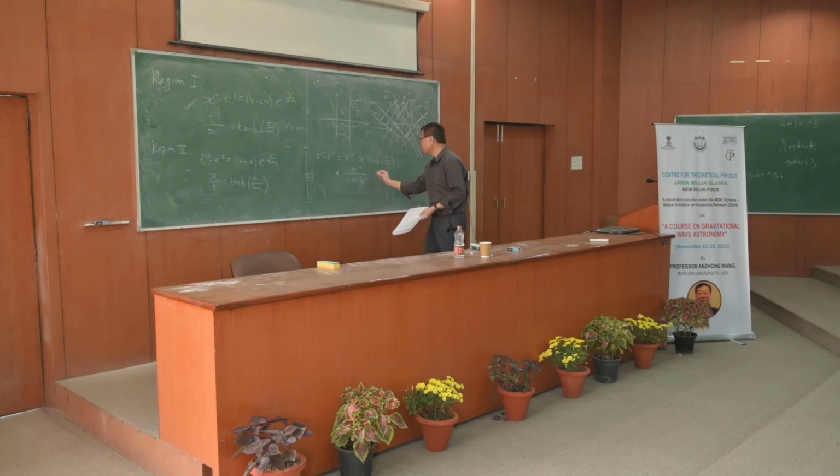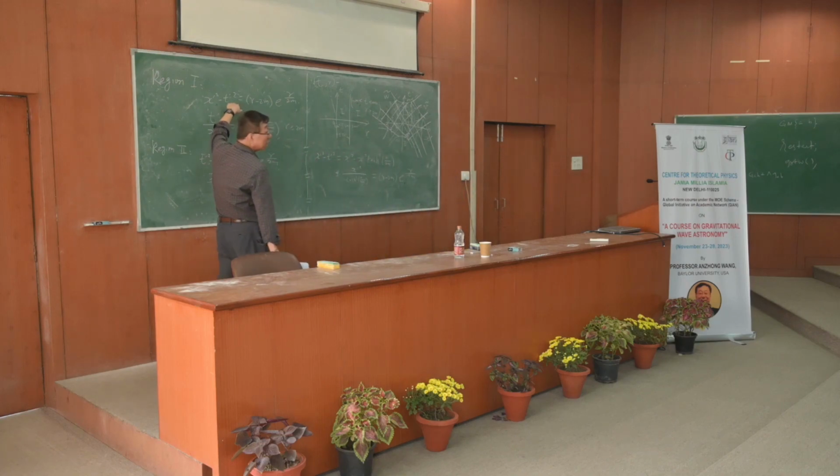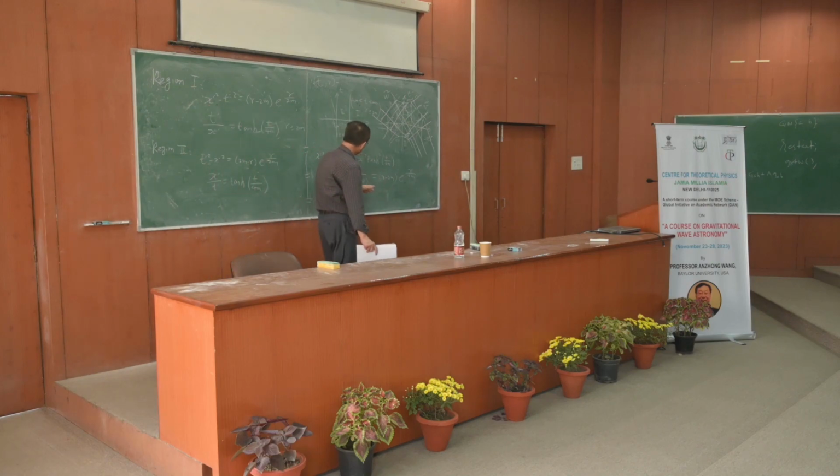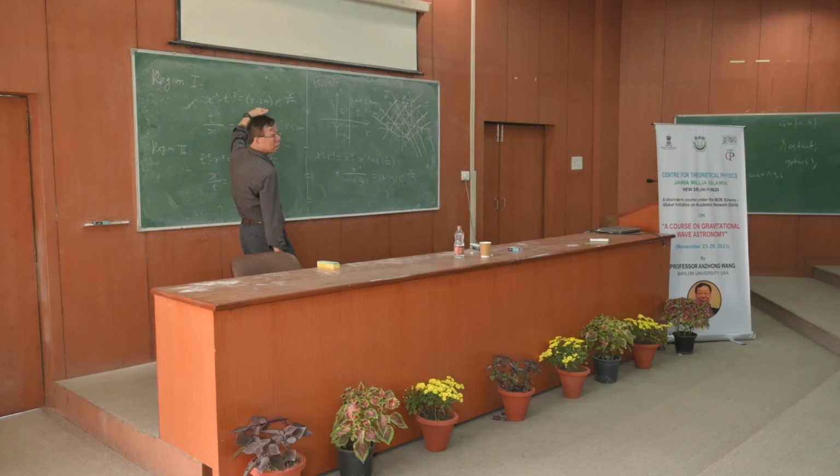So this equals (r minus 2n) e to the r over 2n. What I did was substitute here, and then I get r prime squared, which is still equal to r.